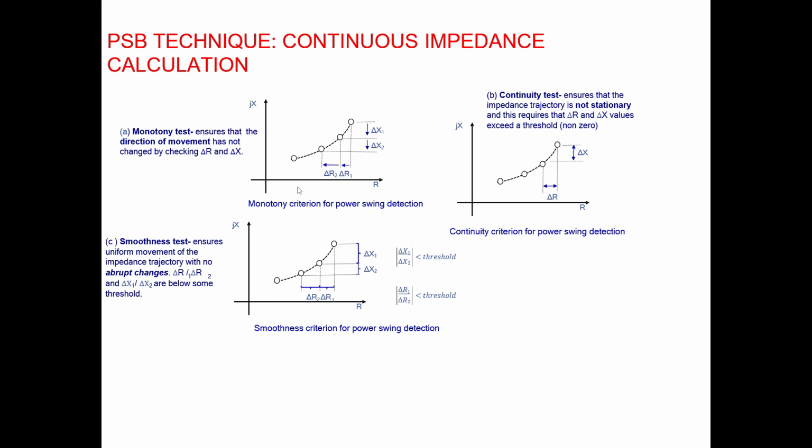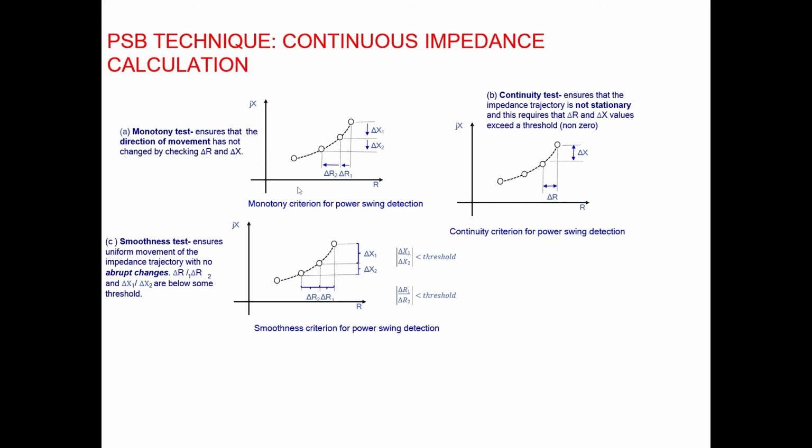If this delta r and delta x are moving in the same direction, then the monotony test is passed or successful. If both delta r and delta x are in the decreasing direction or both are in the increasing direction, then the monotony test is successful.